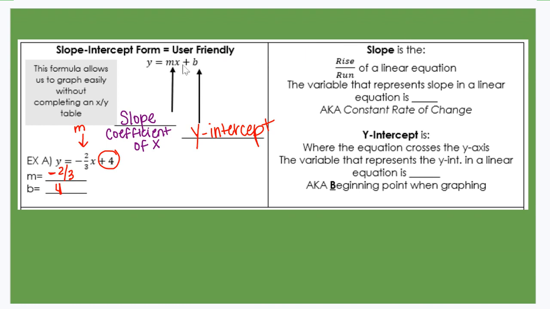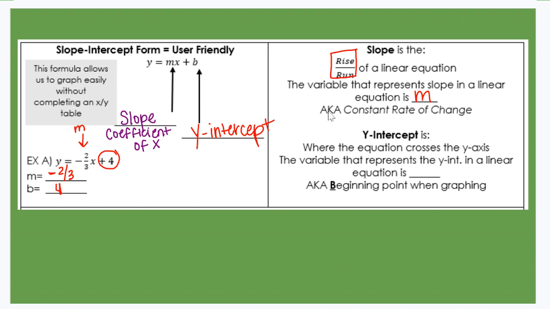So this slope, the number in front of x, it's also known as rise over run of a linear equation. We use it as rise over run when we are graphing, which we will do in just a little bit. The variable that represents slope in the linear equation is m. So when you're writing what is slope, you're always going to put m equals. That's just the letter that is for slope.